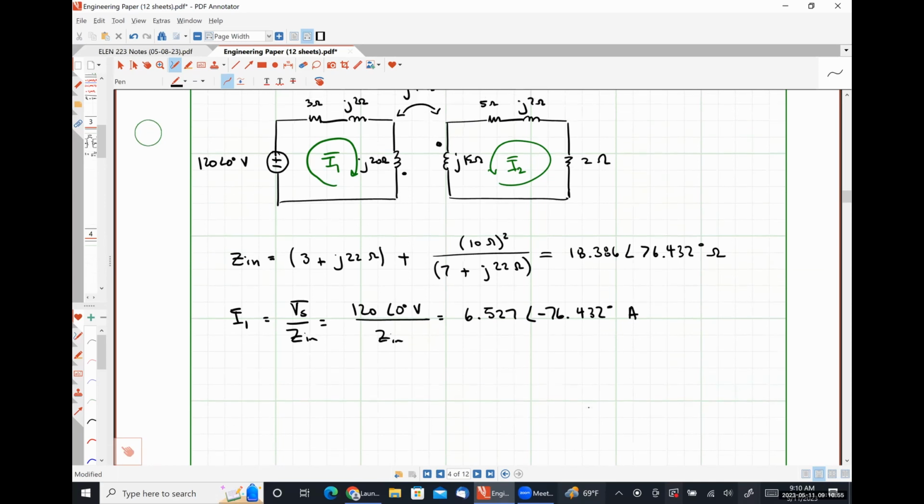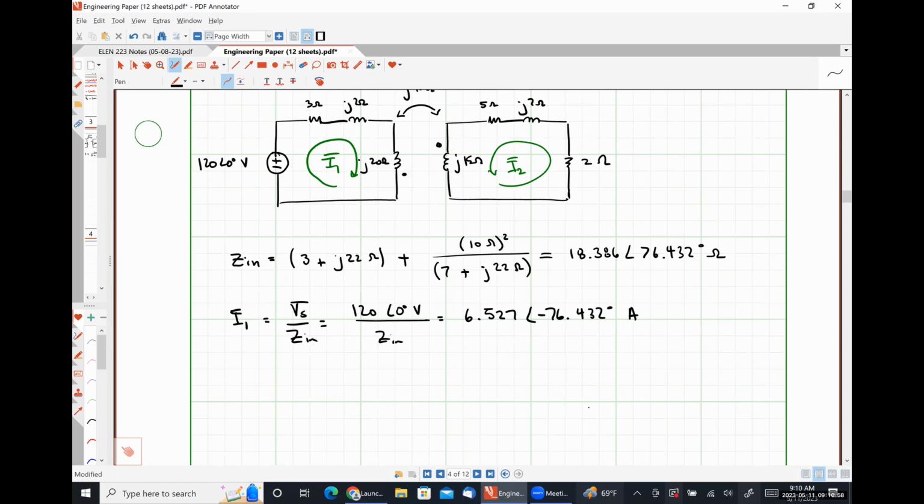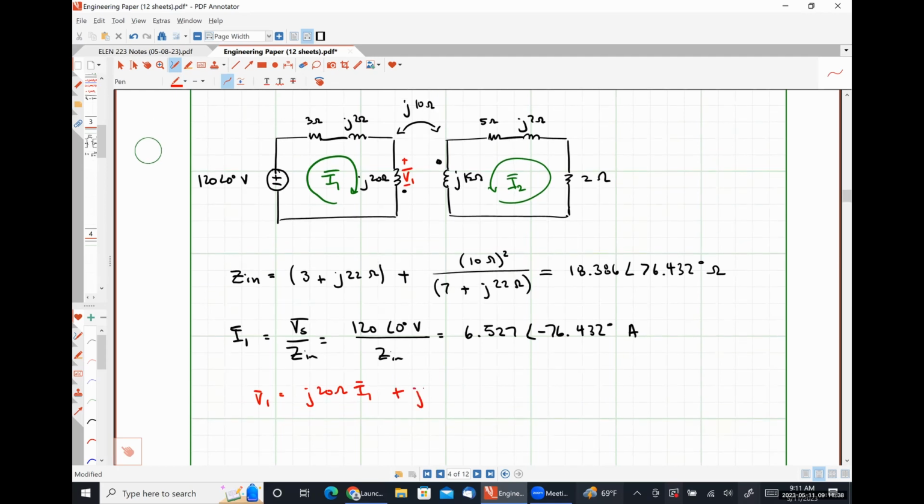So I'm going to need to write my equation. I'm going to call this voltage V1. I'm choosing to put the positive polarity terminal at the undotted terminal because I know that the current is flowing into the undotted terminal, so this is going to be a positive self term. So V1 is going to look like j20 times I1 plus j10, and I2 is flowing into the dotted terminal, I2.